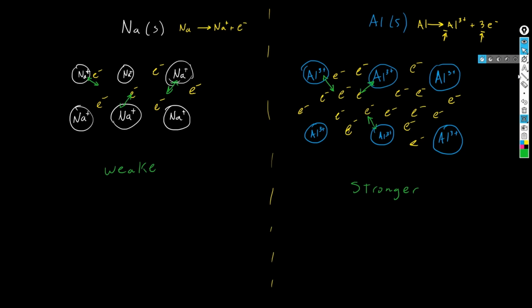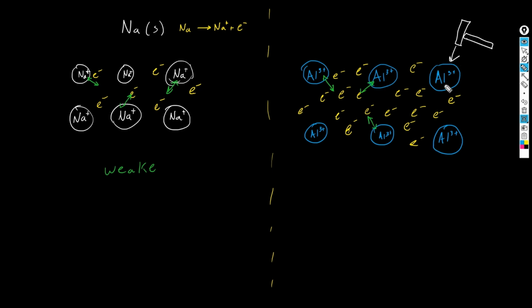If I look at my aluminum, for example, and I hit the aluminum with a hammer, just like I did with my ionic compound earlier, instead of the cations getting too close together and repelling, like happened with the ionic lattice, the cation will shift, but the delocalized electrons will shift with it.